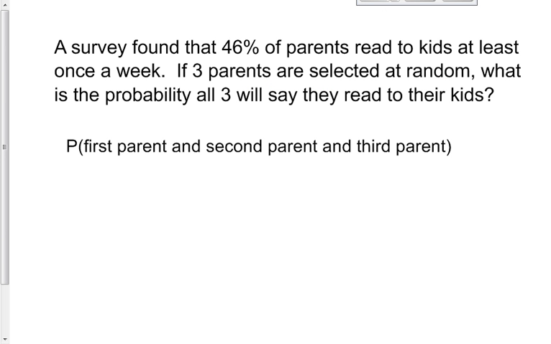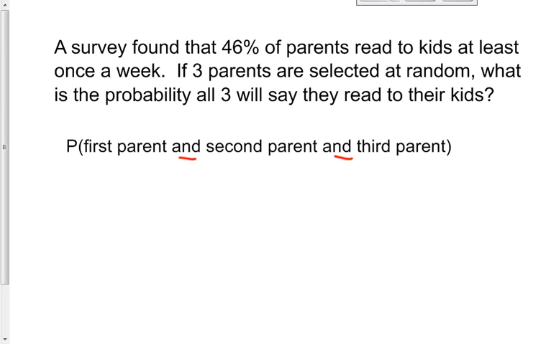Next one. A survey found that 46% of parents read to their kids at least once a week. If 3 parents are selected at random, what is the probability that all 3 will say they read to their kids? In other words, what's the probability that the first person says they read to their kids, and the second person says they read to their kids, and the third parent says that they read to their kids?